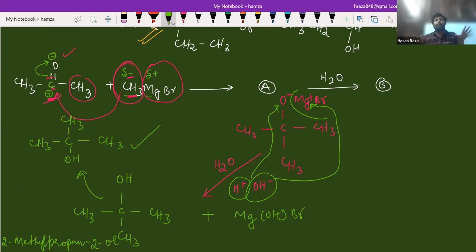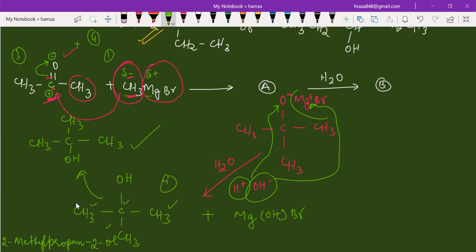Whatever is the number of carbons in the reactant will be the same as the number of carbons in the product. So here you can see 3 carbons and 1 carbon. Total carbon in the reactant is 4, and in the product 4 carbons are there: 1, 2, 3, 4. Please write it and let me know, then I'll move to the next part.